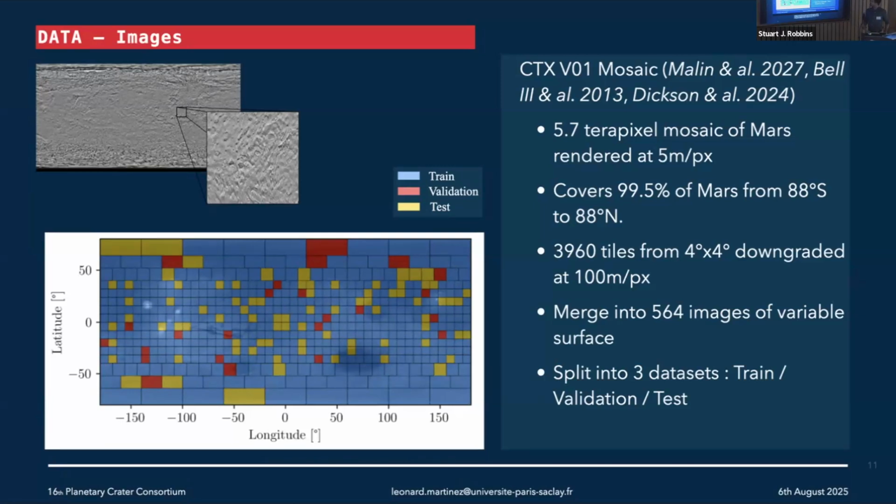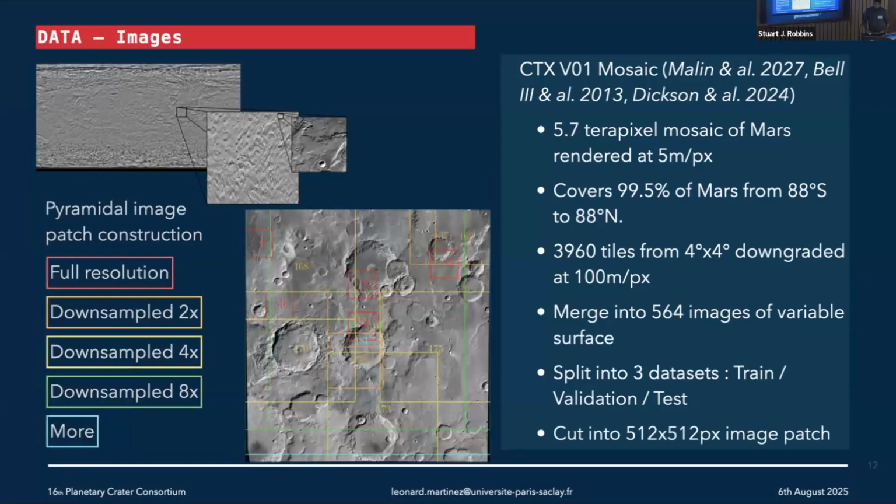And then, last but not least, we cut our big images into 512 by 512 image patches, in order to learn the scale, the famous power law scale of the craters, during the detection steps.